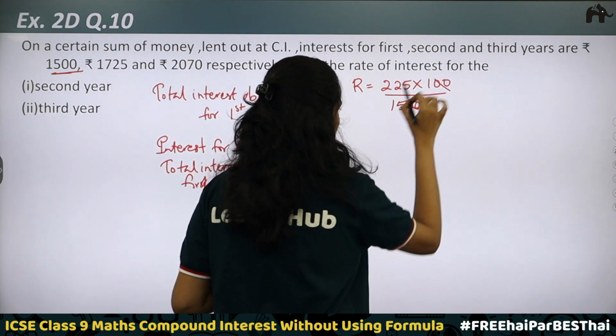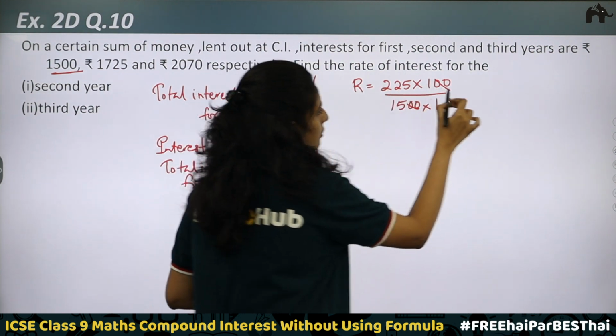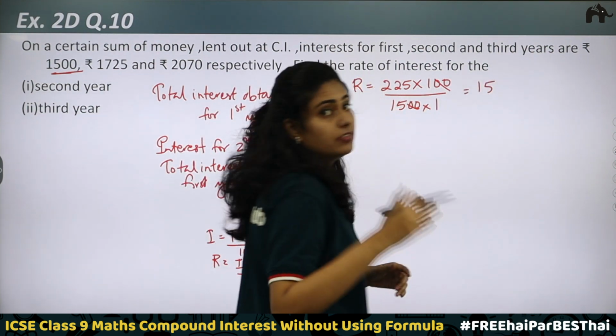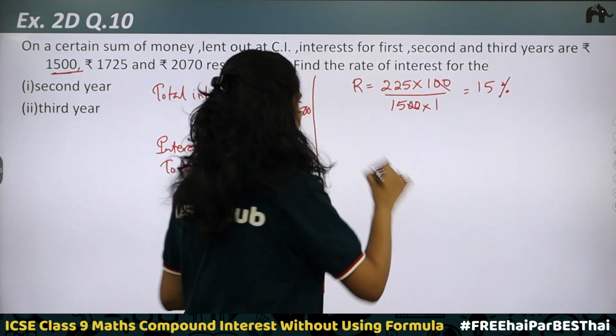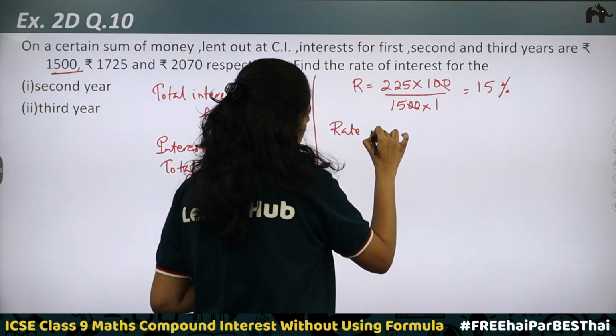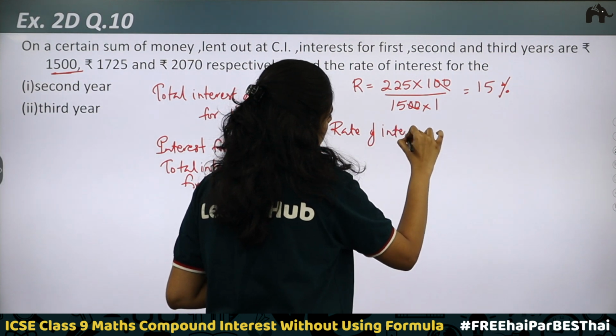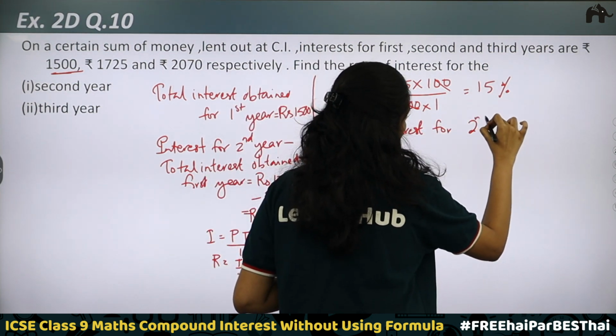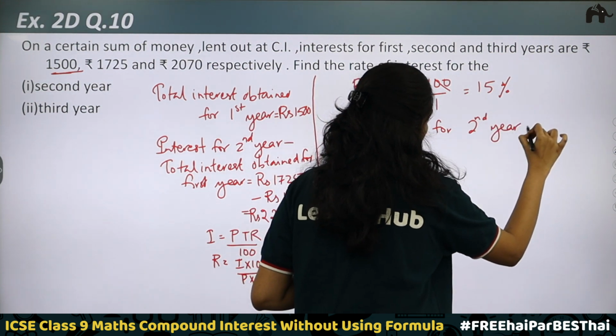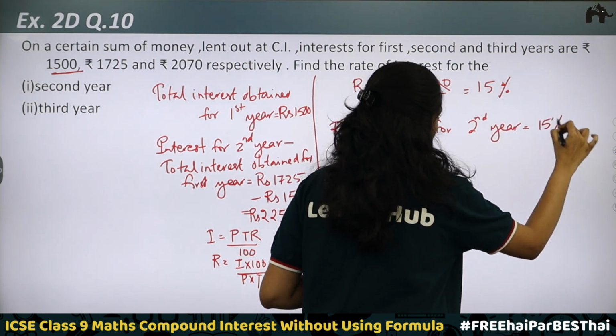Cancelling zeros, 225 divided by 15 is equal to 15. We know 15 square is 225. Therefore, it is 15%. Rate of interest for second year is equal to 15%.